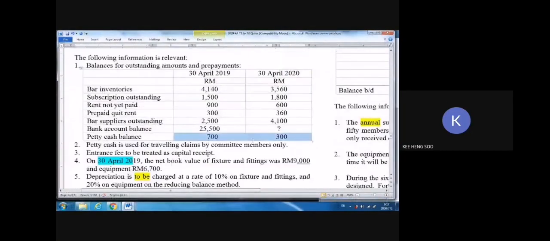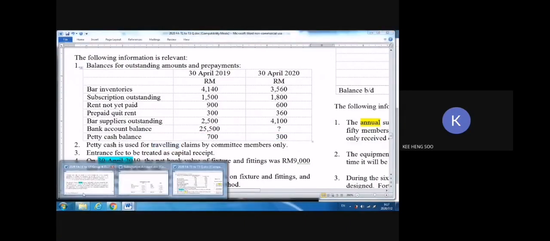I told you that petty cash is for trailing. This one is very clear, am I right? Opening is 700, closing is 300. So I had money 700, now my money left only 300. So I know that 400 I spent on trailing already. Now come back to my lecture note.